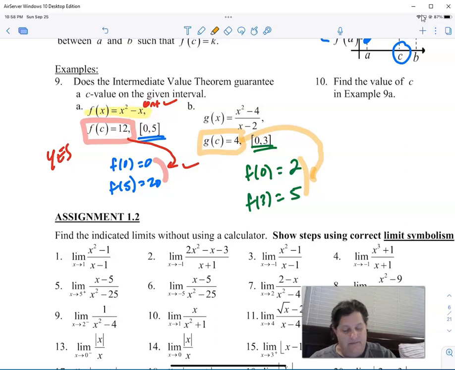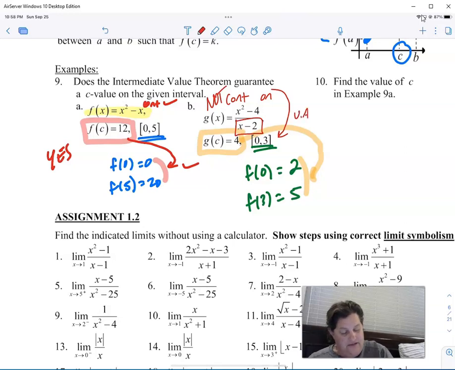I didn't check to make sure that this was continuous on that interval. And guess what, you guys? It's not. Okay, look at the bottom. There's a vertical asymptote at x equals 2. So basically, if I have a point here and a point here, and there's an asymptote in between, I can't connect them.